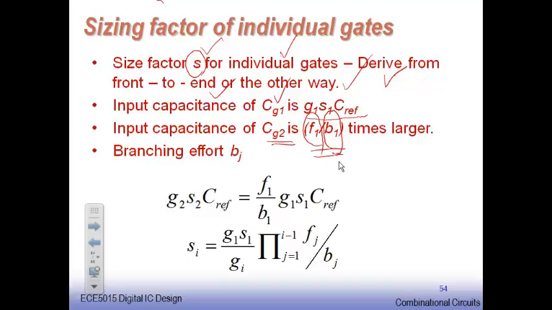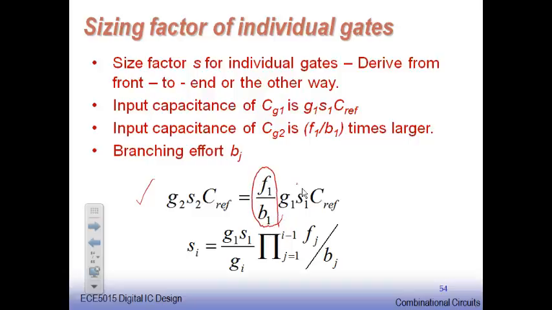If I am going to have branching of 2 or 3, I would have CG2 to be so much. Okay, and the branching effort Bj you go for calculating. With all these things, I can now define G2 S2 C ref is equal to F1 by B1 times G1 S1 C ref. You understand what it is?